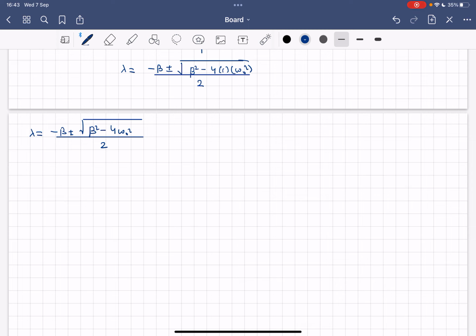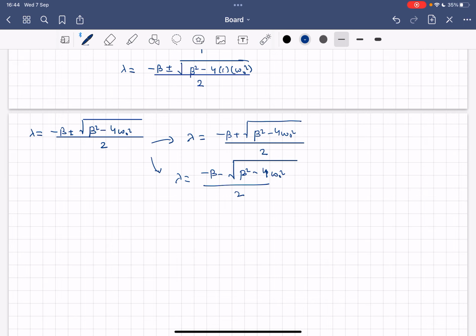So there could be two solutions. One, let's say I take lambda to be minus beta plus the square root of beta squared minus 4 omega naught squared, the whole thing divided by 2, and the other I take lambda to be minus beta minus the square root of beta squared minus 4 omega naught squared, divided by 2.